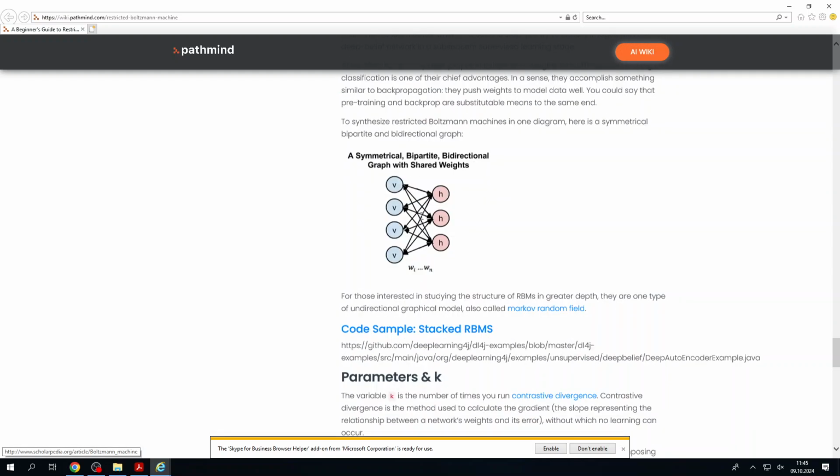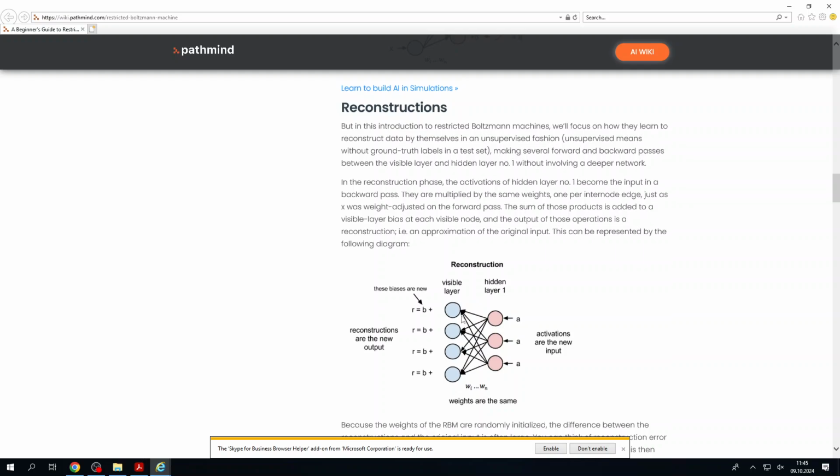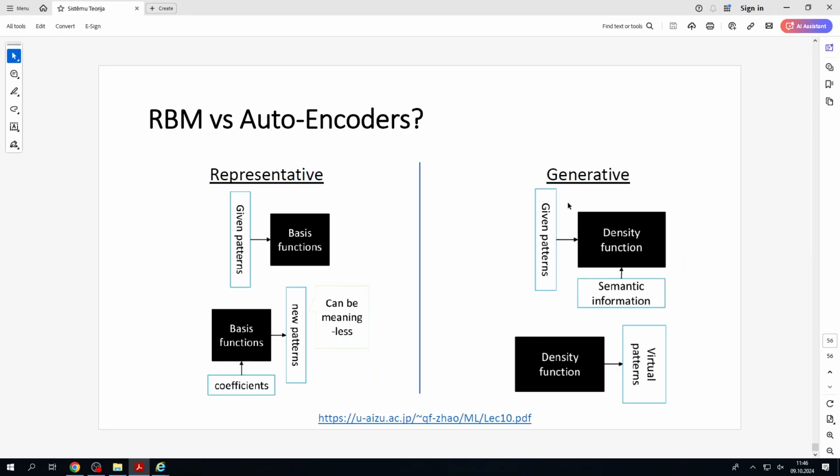Normal neural networks have every neuron connected with each other, but a restricted Boltzmann machine can actually have some connections missing. So there are certain allowed and disallowed connections. For example, you can try to connect even these neurons together, which is not something you do in regular neural networks, but it can be done in, for example, restricted Boltzmann machines.